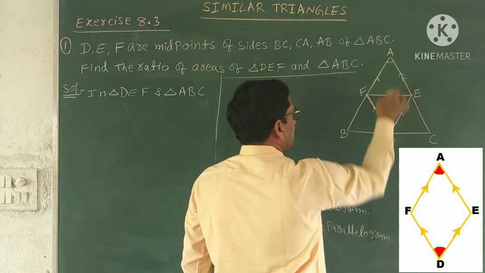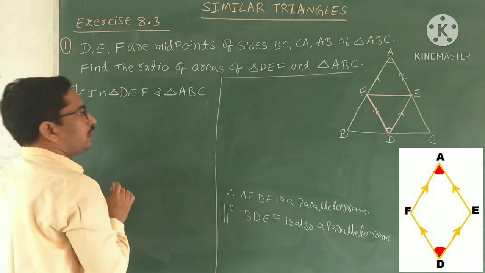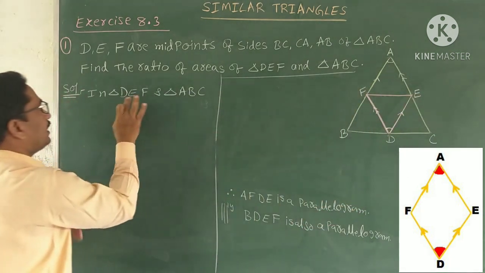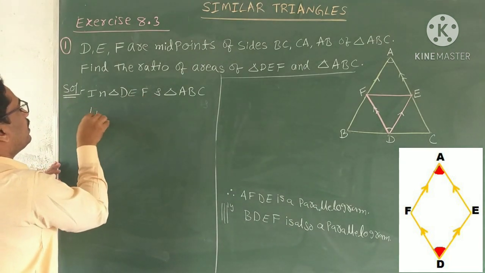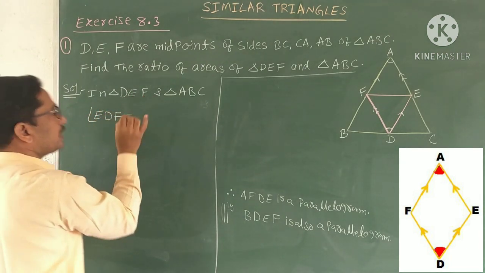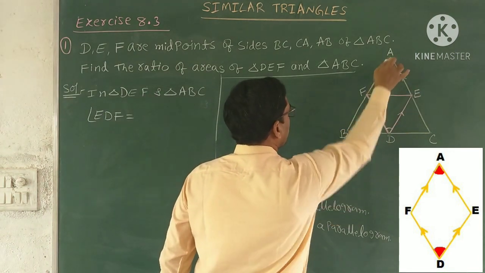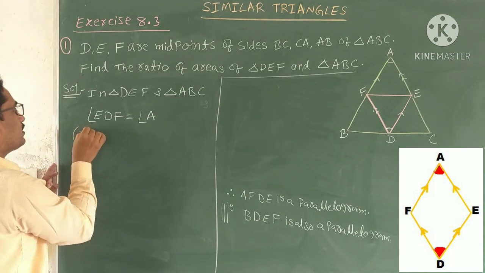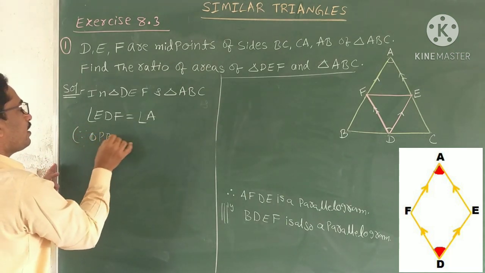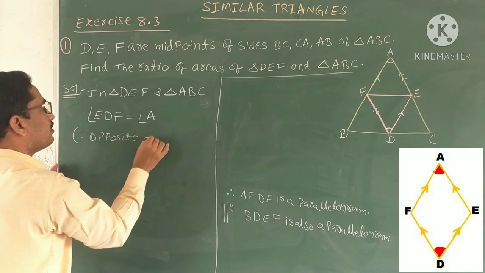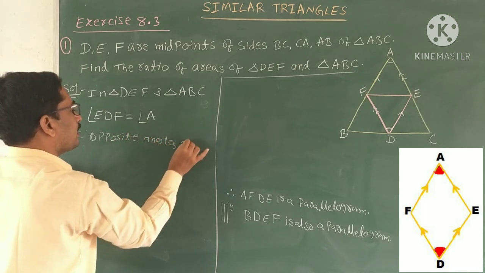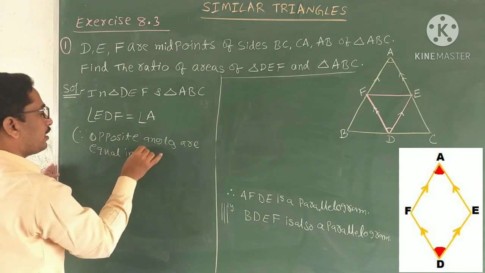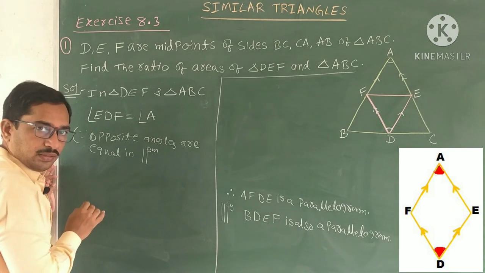So angle A equals angle D. So write the name of the angles here. Angle EDF in triangle DEF equals angle A. The reason is opposite angles are equal in parallelogram. This is the symbol to denote the parallelogram.